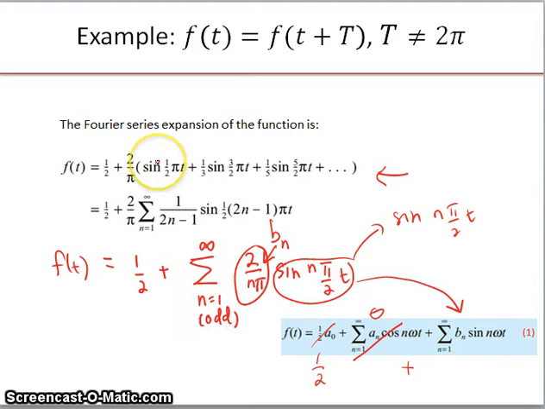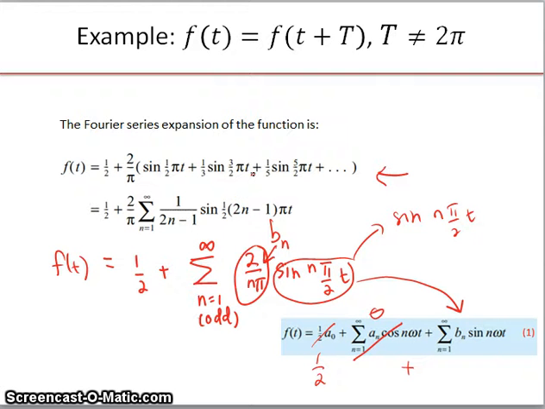So we have 2 over pi sine pi over 2t, so we got 1. And when n equals 3, we don't have n equals 2 because it is only defined for odd n. So when n equals 3, we have 2 over 3 pi sine 3 over 2 pi t, and so on and so forth.